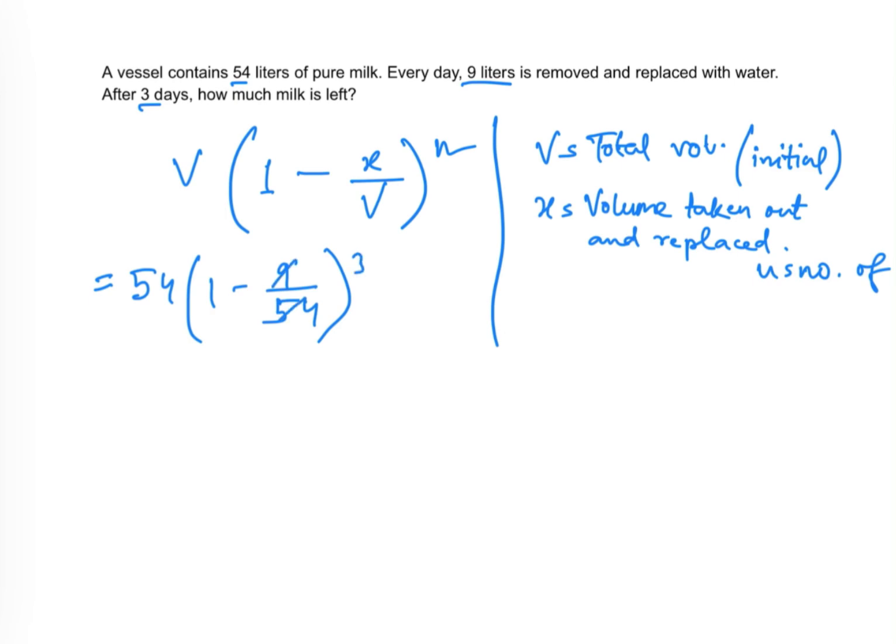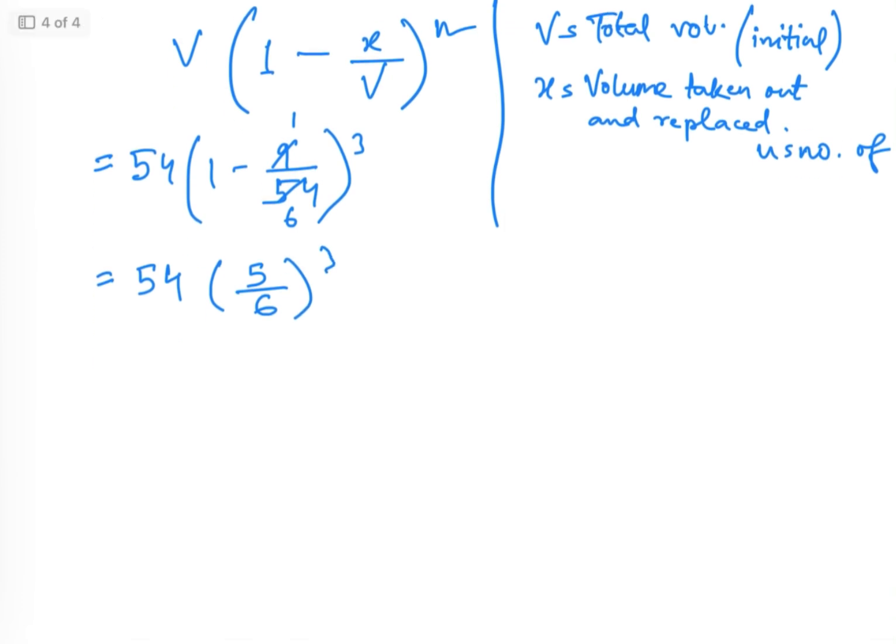We can simplify this, it will be 1 by 6, so 54 into 5 by 6 to the power 3, or it will be 54 into 5 by 6 into 5 by 6 into 5 by 6.